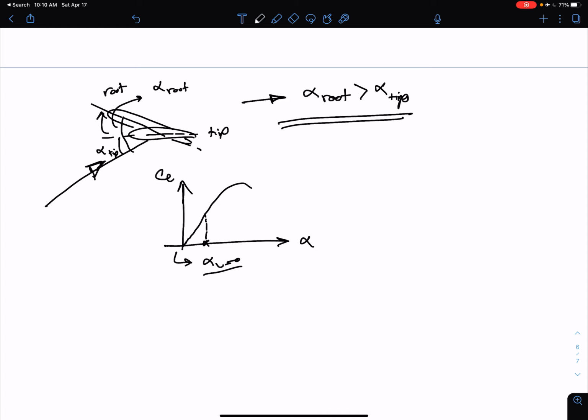A low angle of attack, which is generating this much lift. But your root is located here, right? Because it is higher, so it is generating more lift. So you're going to have more lift at the root. But also, as you increase the angle of attack more and more, your root is going to reach the stall condition faster.